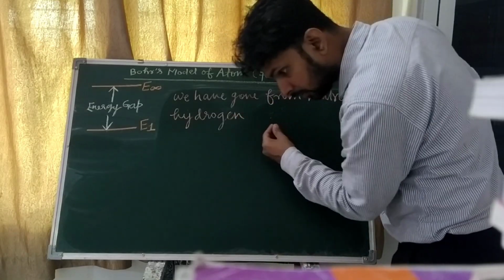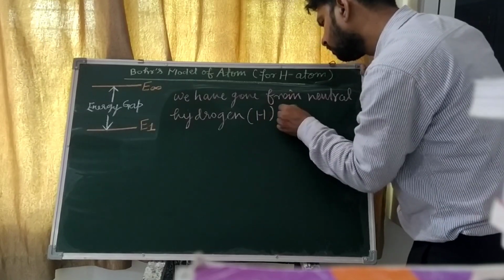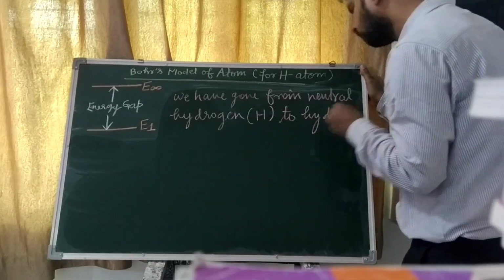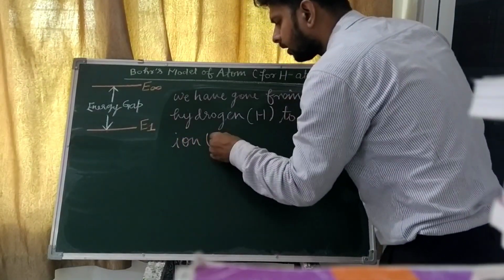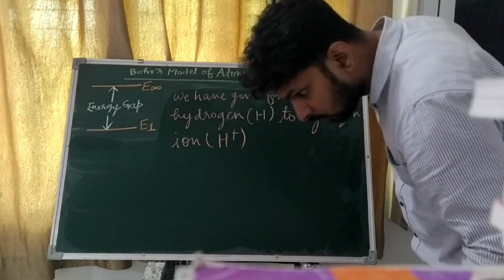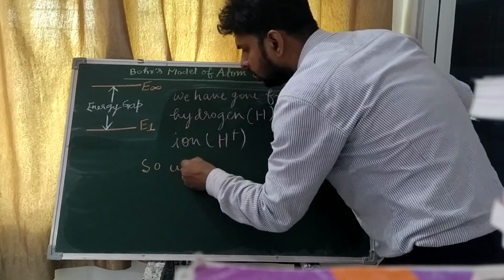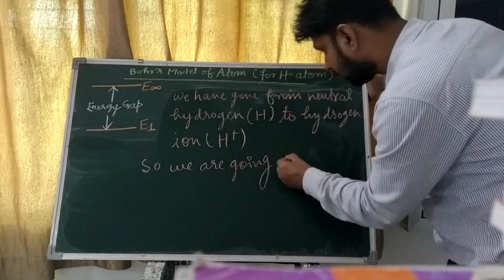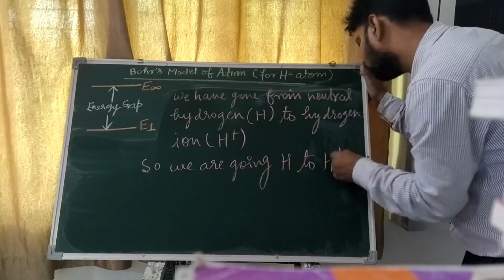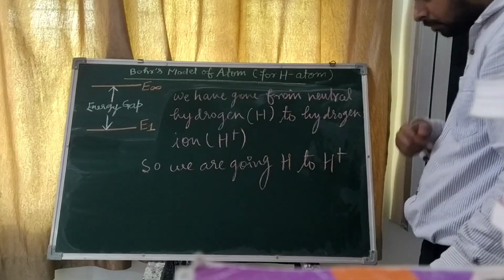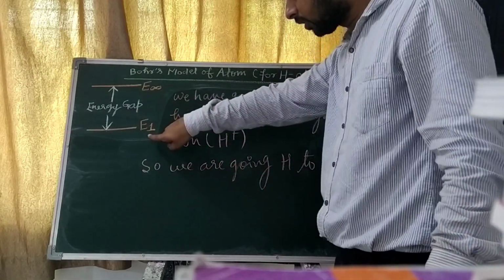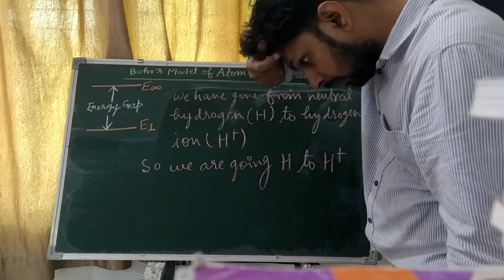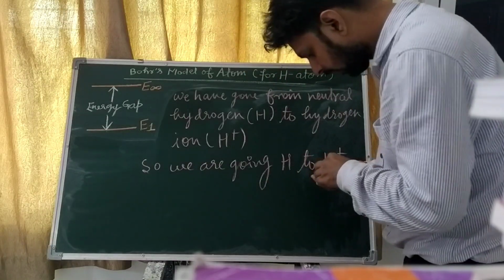So from neutral hydrogen H to hydrogen ion H plus. So we are going H to H plus when we are providing that sufficient amount of energy when this electron is going to the infinite.